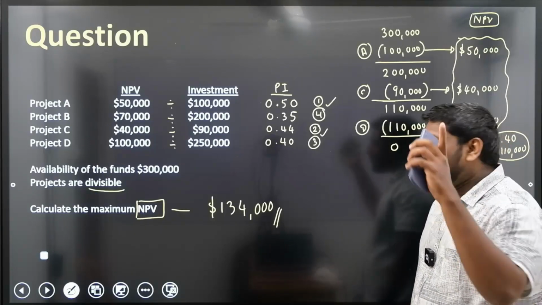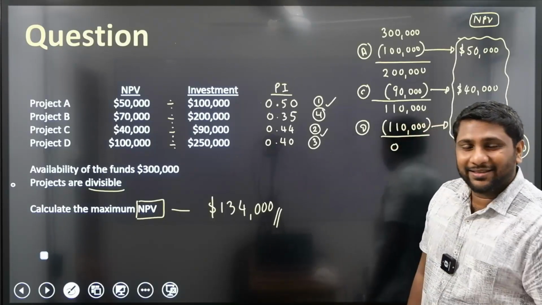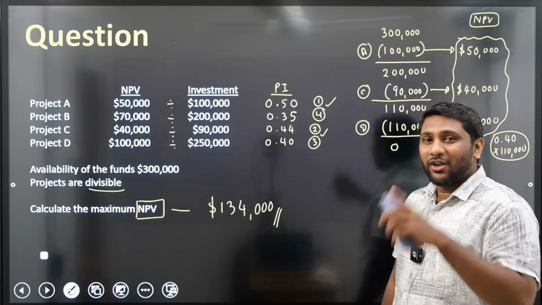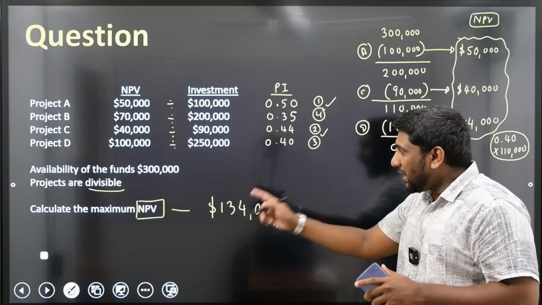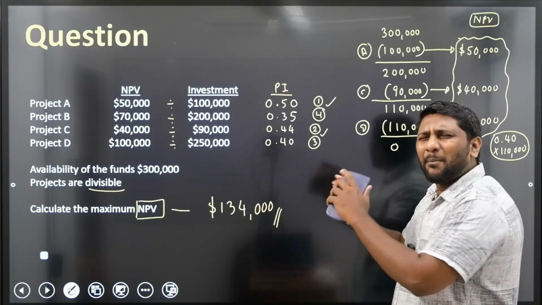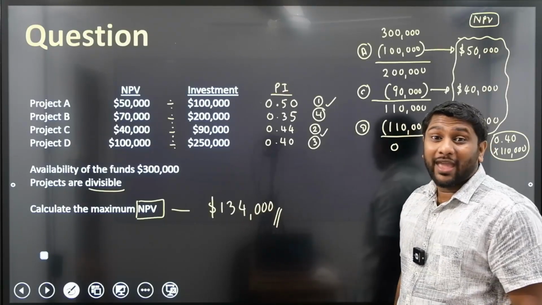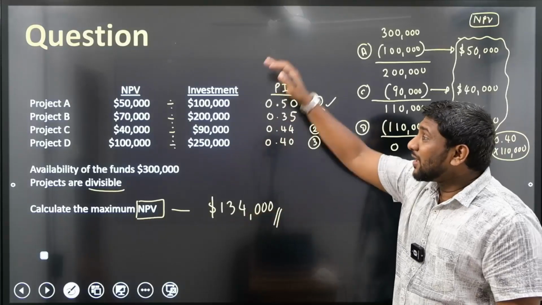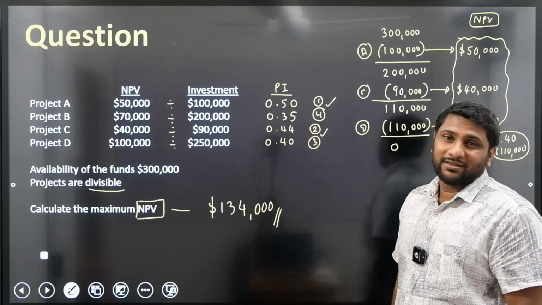If you can find a better NPV than this, post a comment. I would challenge you, you will not be able to find a better NPV than this. This is the maximum NPV that you can earn using this $300,000 if you invest in these projects.